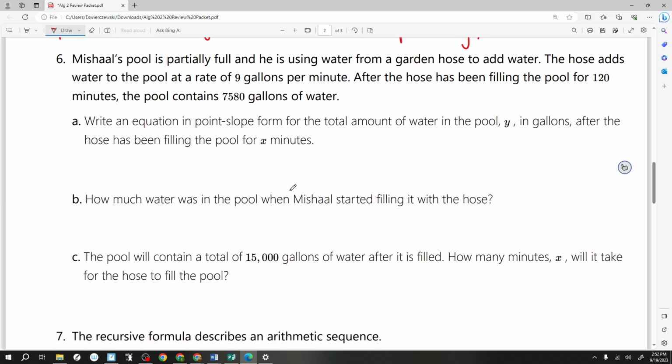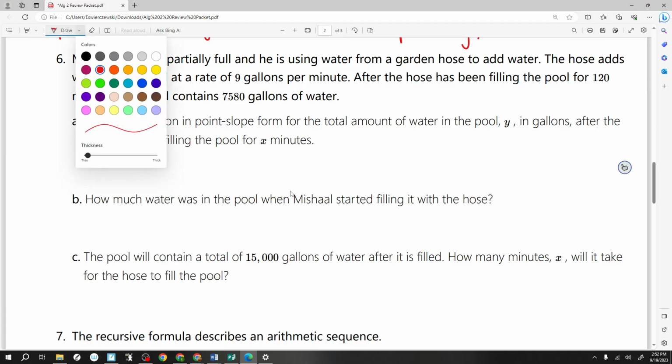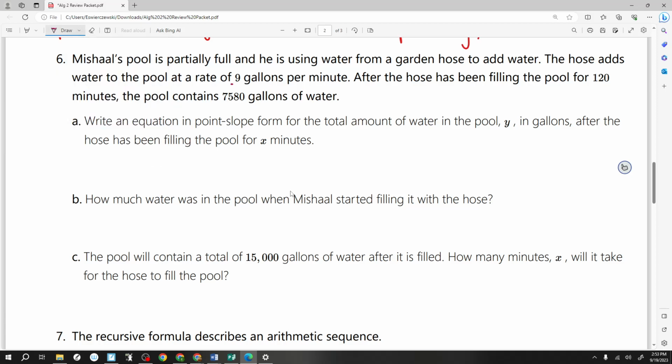Mishal's pool is partially full and he is using water from a garden hose to add water. The hose adds water to the pool at a rate of 9 gallons per minute. Think of that rate of change, 9 gallons per minute. That is a rate of change. After the hose has been filling the pool for 120 minutes, the pool contains 7,580 gallons.